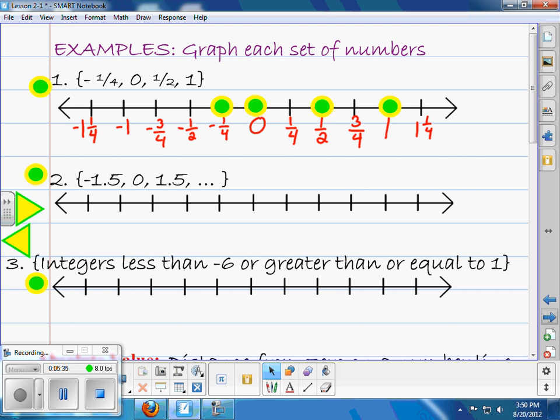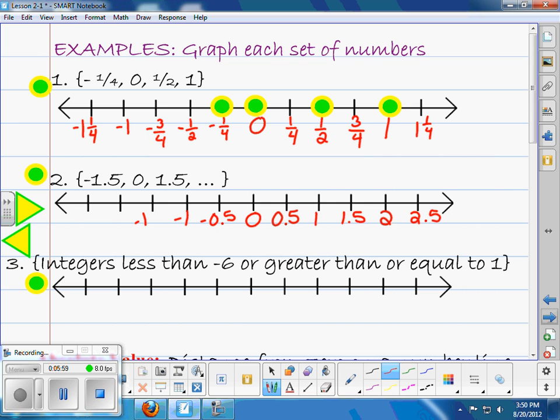Number 2 involved decimals. So again, let's put 0 right about the middle. And this time let's count by 0.5. 0.5, 1, 1.5, 2, and 2.5. And again, going to the left of 0 would be -0.5, -1, -1.5, -2, and -2.5.